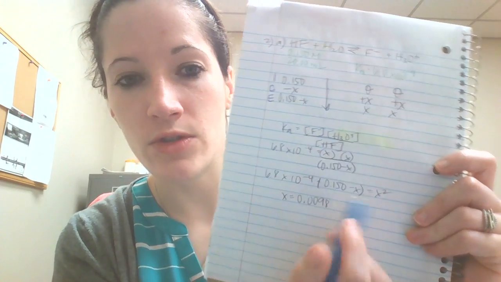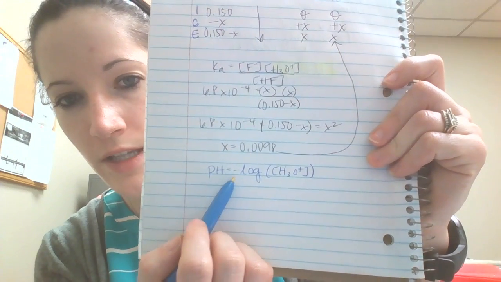That's what this is equal to up here on top, meaning that when you have to calculate the pH, using the formula that we know well, pH is equal to the negative log of this, and your actual pH value you get should be 2.01.